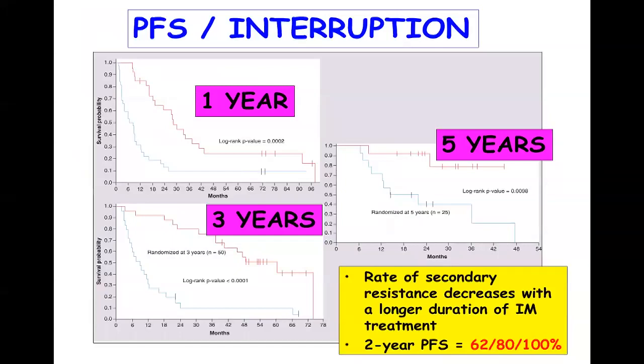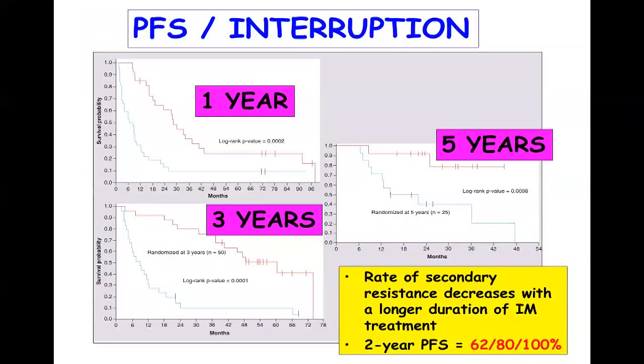This slide shows you the PFS at 1, 3, and 5 years according to interruption or not. And in all the years, there is a benefit in the continuation arms.